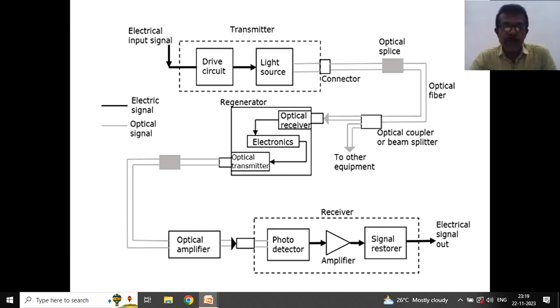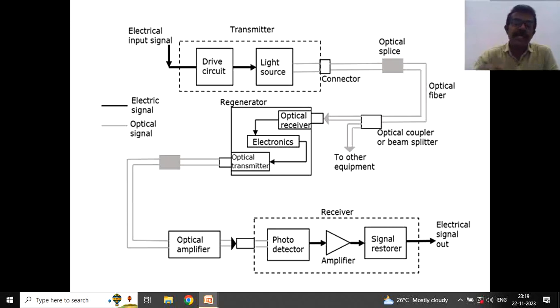Now the question is how you are going to connect, whether you want a permanent connection or a temporary connection. Whenever you want a permanent connection, we can use the method called optical splicing. Whenever you want to disconnect after the process, you can go for the connector, because a connector is a temporary connection.